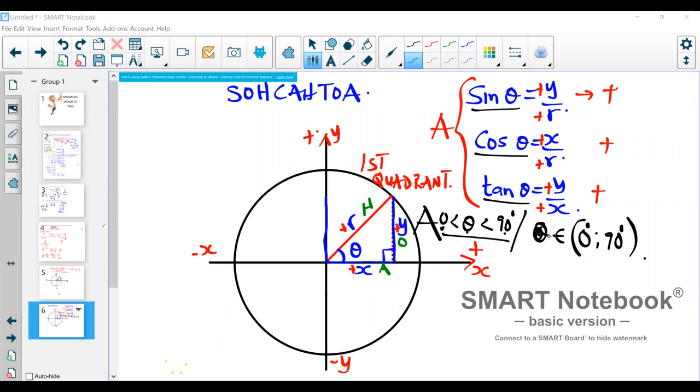That's why if you go back to your calculator and press any angle that is less than 90, it will be positive. Look at sine 89. It's positive. What is cos 89? Positive. All right. What is tan 89? Positive.